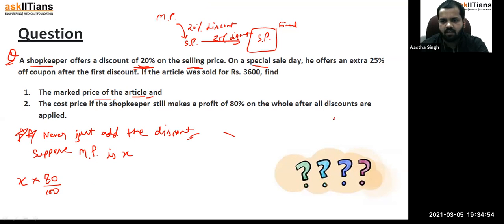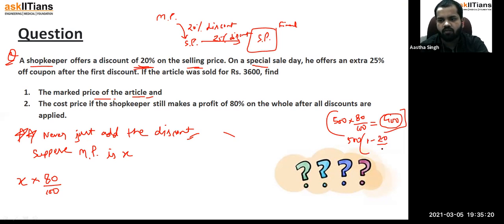Suppose, let's say, the market price is 500, right? You have given 20% discount. 20% discount means 80 by 100. You will get how much? 400. You will get your selling price as 400, right? Because on 500, discount is given, 1 minus 20 by 100. This is what we do, right? I think you have got the point.